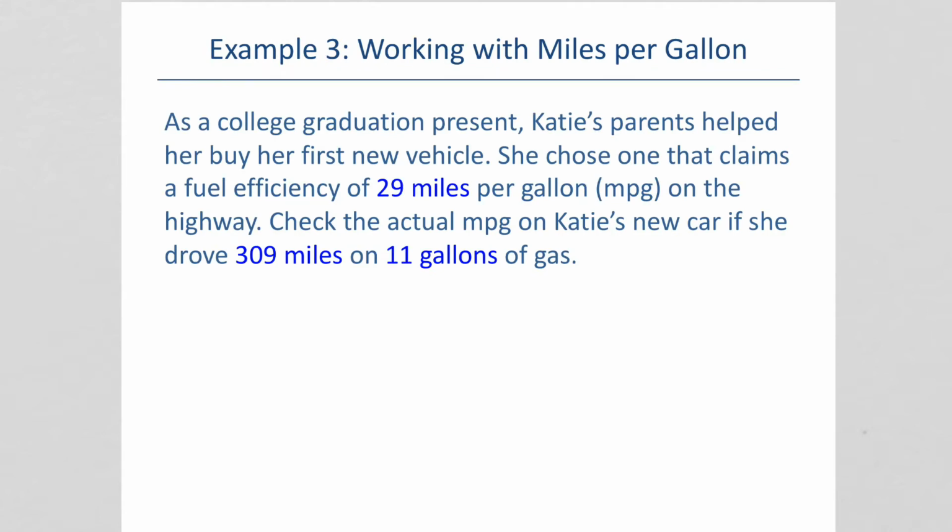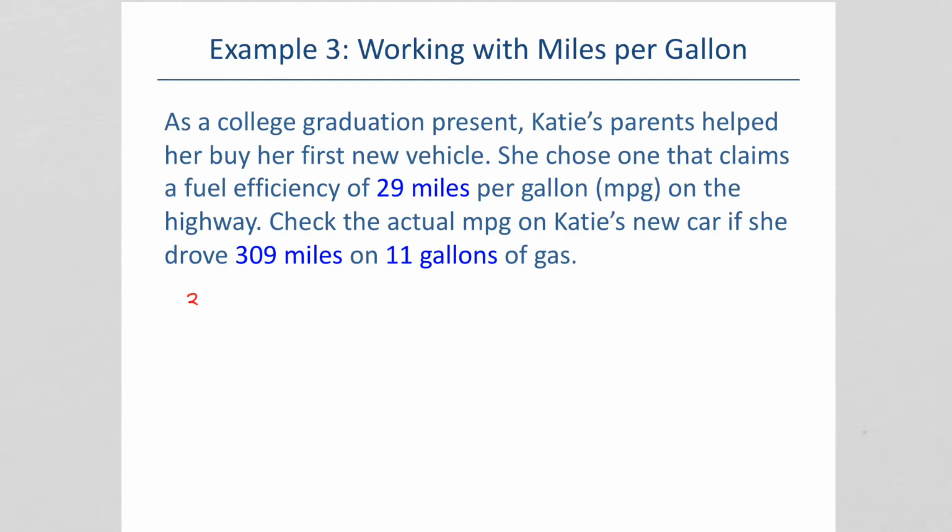As a college graduation present, Katie's parents helped her buy her first new vehicle. She chose one that claims a fuel efficiency of 29 miles per gallon on the highway. Check the actual miles per gallon on Katie's new car if she drove 309 miles on 11 gallons of gas.